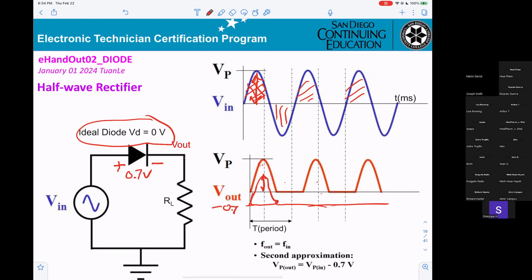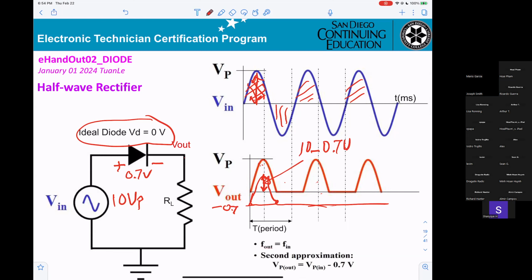Right. Okay. So I give you an example. Okay? You get 10 volt. So what is the V peak after the half-wave rectifier? It has to be 10 minus 0.7, so 9.3.